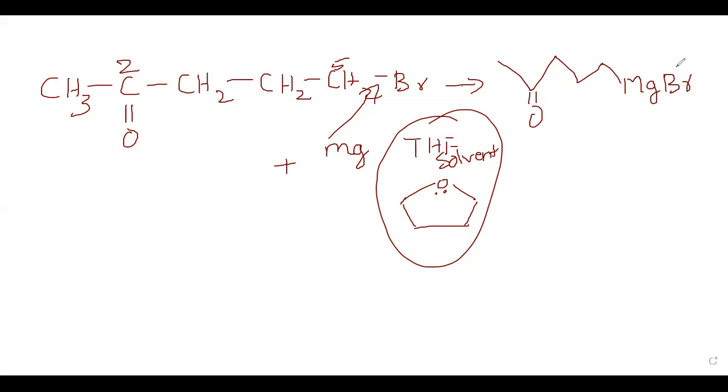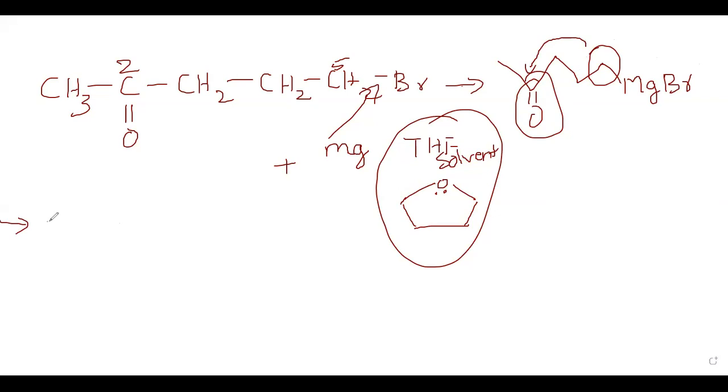That's all. Where is this one and where is this one? What should happen? RMgBr should react. Where? Does it form a closed cycle? It will form a cyclic compound.